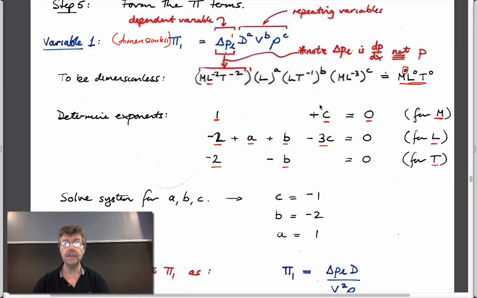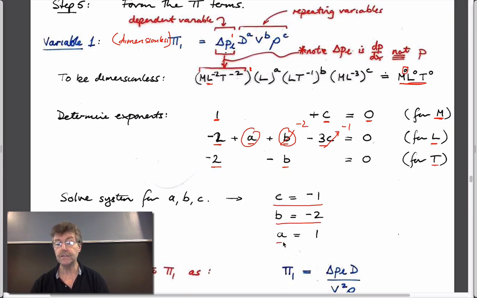So we know that c, for instance, is equal to minus 1, just by solving this. If we know what c is, we know that b is equal to minus 2. And if we substitute in b equal to minus 2 and c equal to minus 1, then we know exactly what a is.